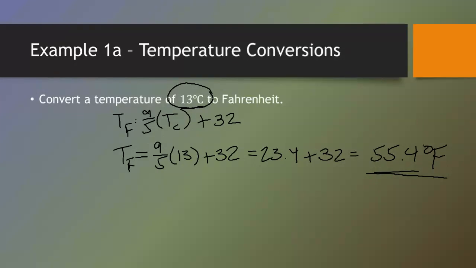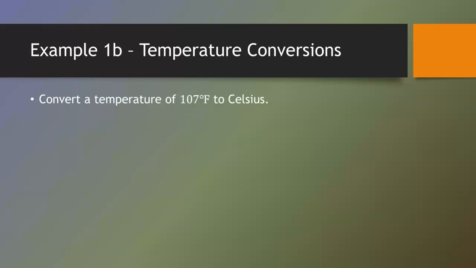Let's try another one. We're going to go the opposite way this time. We want to convert a temperature of 107 degrees Fahrenheit to Celsius. That's pretty hot if it was 107 outside. The temperature in Celsius is equal to 5/9 times the temperature in Fahrenheit minus 32.